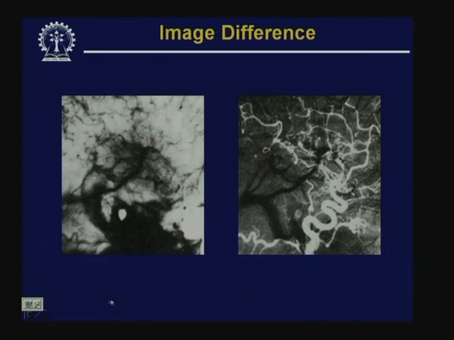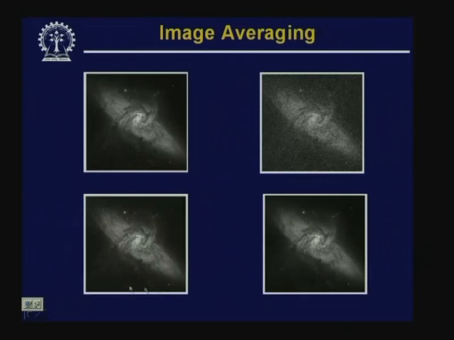And this kind of operation is very useful for astronomical cases, because in astronomy normally the objects which are imaged have very low intensity. So, the image that you capture is likely to be dominated by the presence of noise. Here is the image of a galaxy on the top left, on the top right we have the corresponding noisy image, and on the bottom we have the images which are averaged over a number of frames.